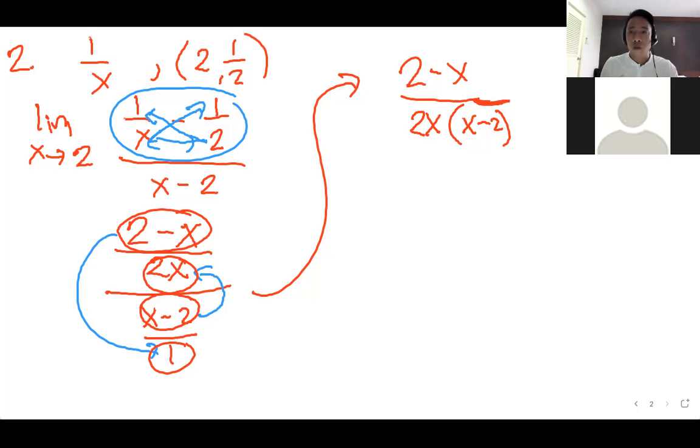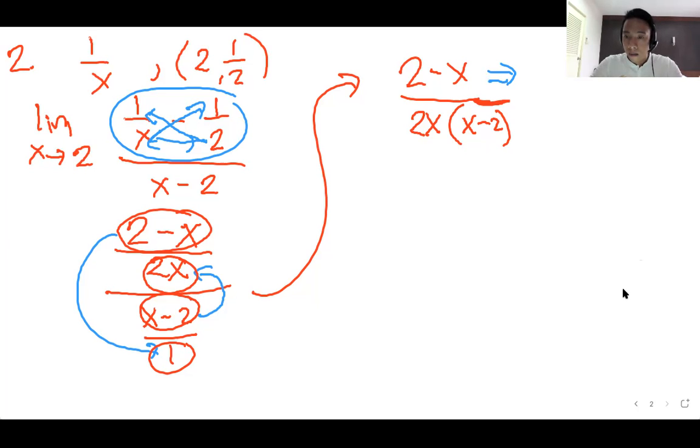So how can we cancel 2 minus x and x minus 2? Last time we already know how to find its just like the counterpart of 2 minus x, right? So ang gagawin ko dito is pagpapalitin ko yung positions ni x and 2. So on this kind, I will change this color para mas makita ninyo kung paano ko siya i-change to another one.